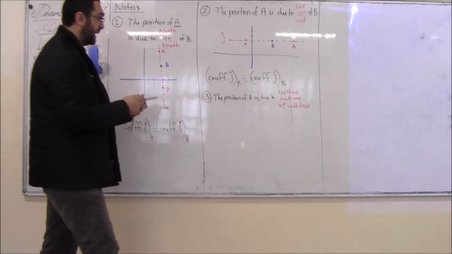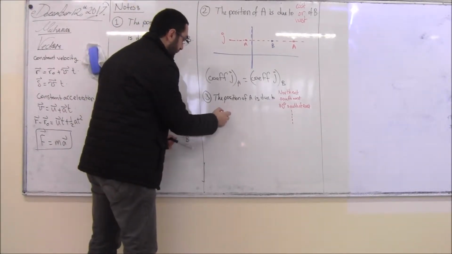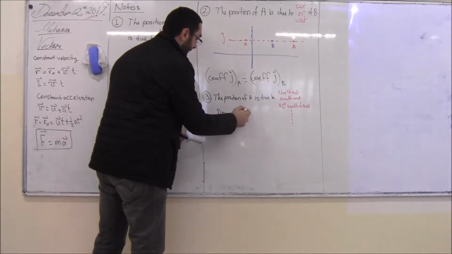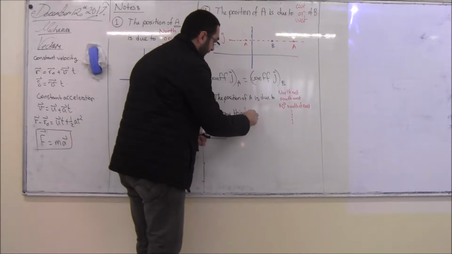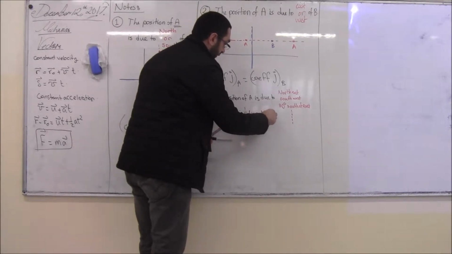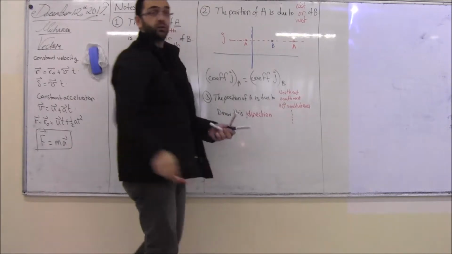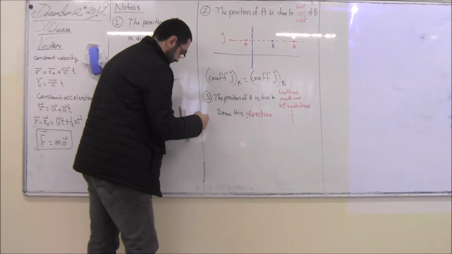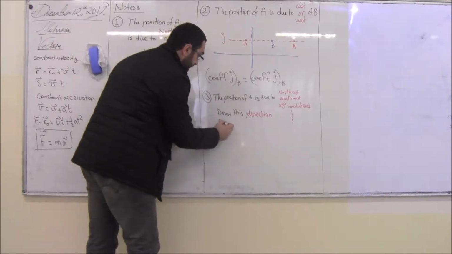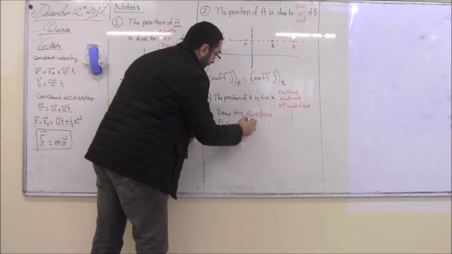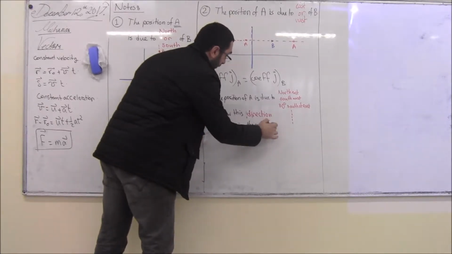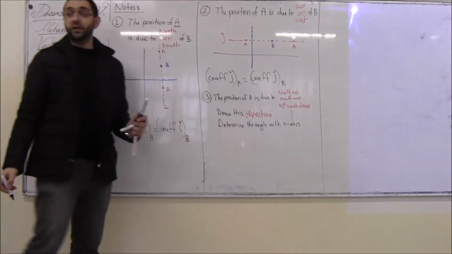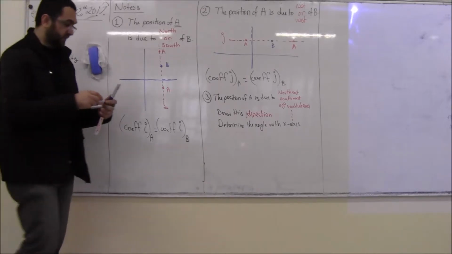What we have to do, please look here: I have to draw this vector. First of all, draw this direction. Then determine the angle with the x-axis.